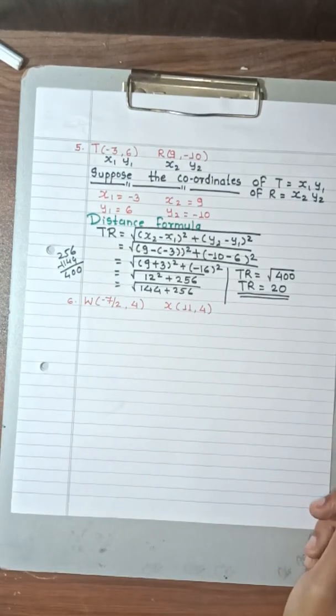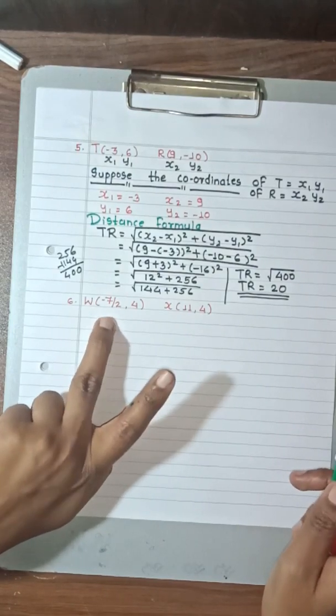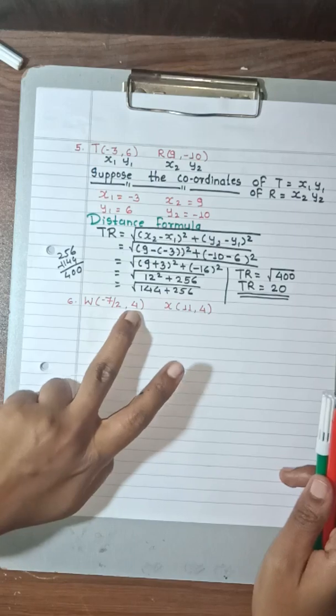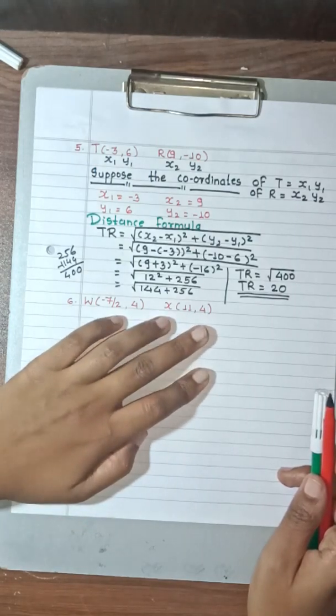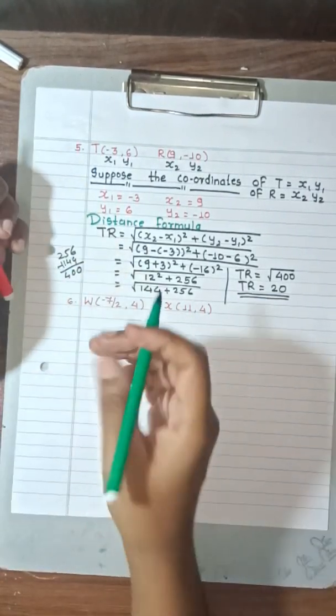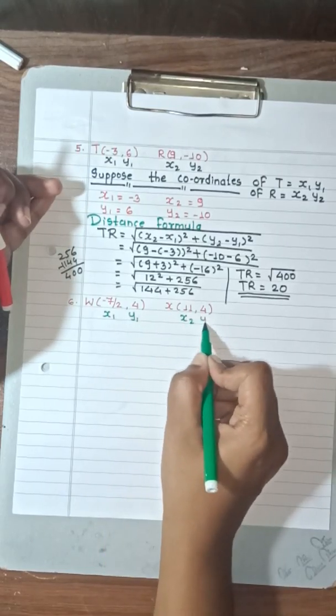Okay, now let us move on towards the last question. In question number 1, they have given you the value of coordinates of W, that is x coordinate minus 7 upon 2, and y coordinate of W is 4. Then x coordinate of X is 11 and y coordinate of X is 4. Now what we are going to do is we'll suppose this as x1 y1, this as x2 y2.